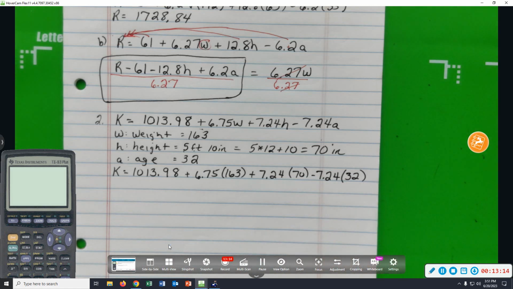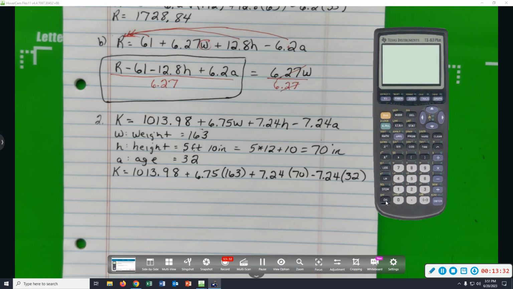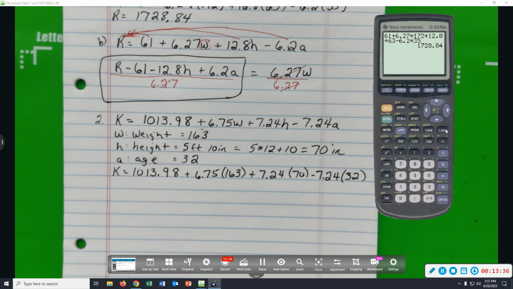So I'll have to punch that into my calculator again. My calculator. I need to make this a little bigger.